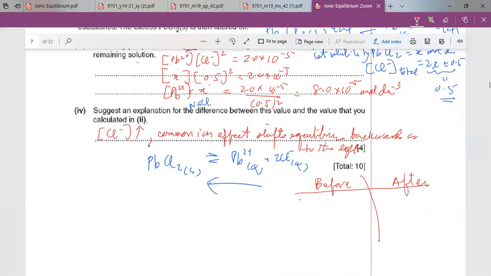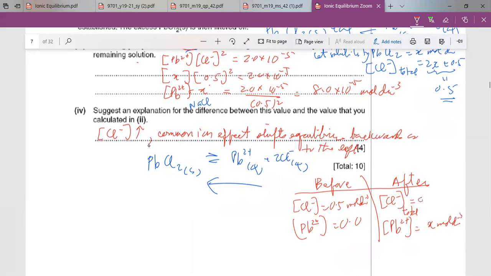Before you put it in, the concentration of Cl- is 0.5 moles per dm cube, and the Pb2+ is equal to 0. After you put it in, the Cl- total and the Pb2+ is X moles per dm cube. I don't care about the Na+ because it has nothing to do with the calculation.